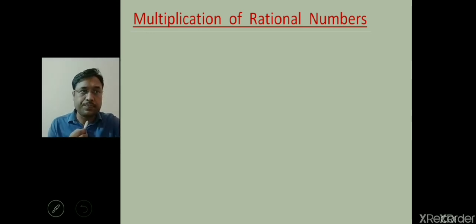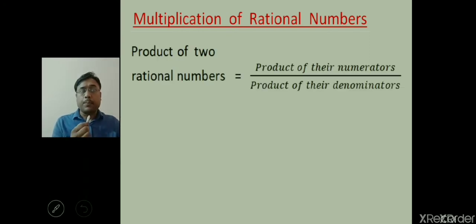Now the next point is the multiplication of rational numbers. The important point first here is that whenever you multiply two rational numbers, its result is the product of their numerators divided by the product of their denominators. Means the numerators will multiply with the numerators only and the denominators with the denominators. And in case any numerator and denominator are divisible, that means they are factors of each other, then they will divide.